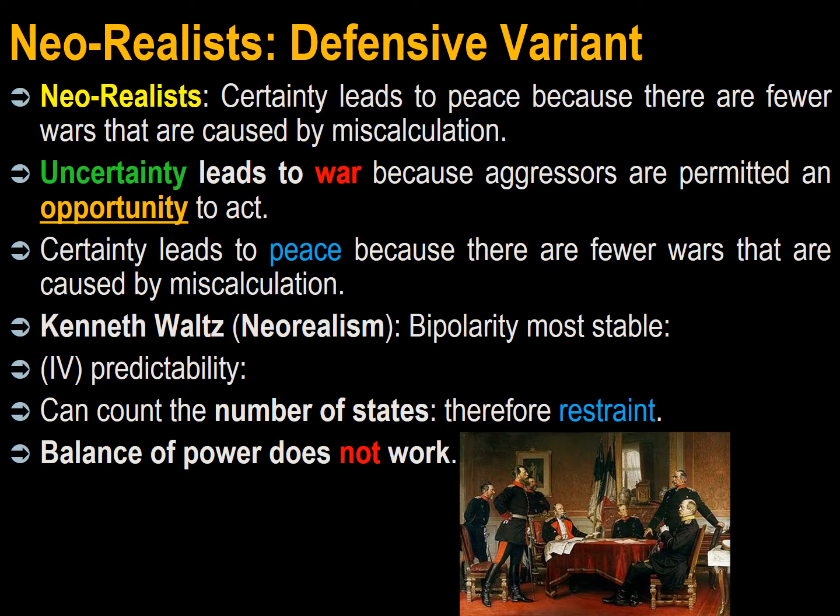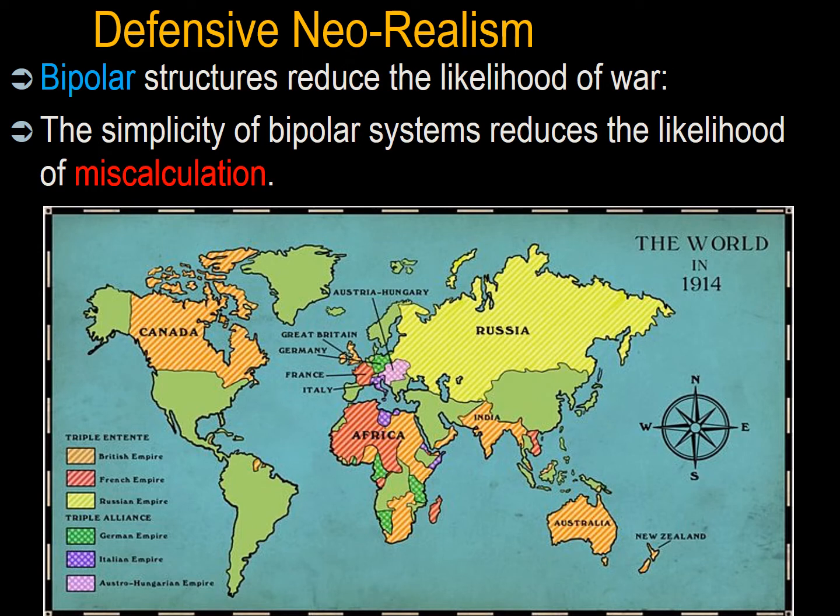Now, during the Cold War, we have something called the Long Peace. In the defensive realism variant of neorealism, which is associated with Kenneth Waltz, there are a couple of conclusions. An important one is that bipolar structures reduce the likelihood of war.